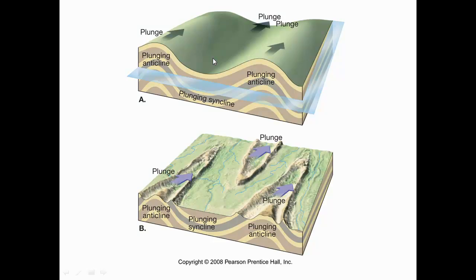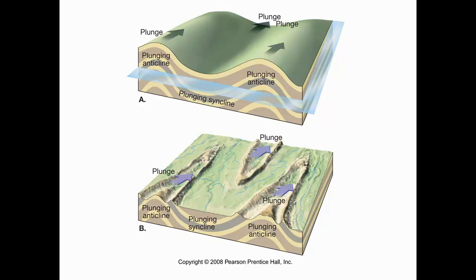So let's say, for an example, in this upper block diagram, before erosion, we have this imaginary horizontal plane passing through both the plunging anticlines and plunging synclines. So we have two plunging anticlines, and in between we have a plunging syncline.